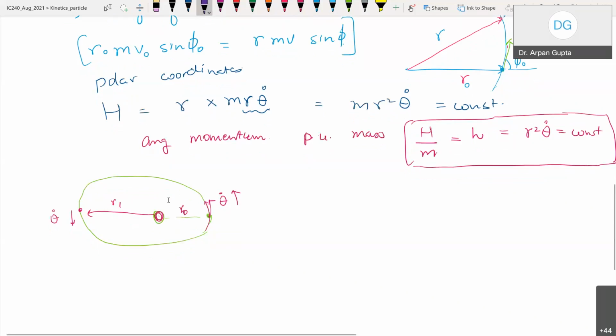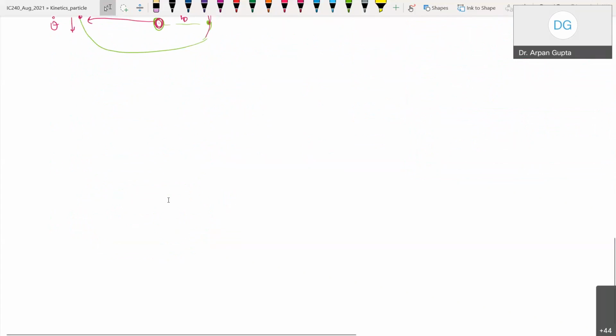Another good way to look at the same thing is if we consider a small area swept here. So if this particle is moving and this is the origin O, and this is the radius r, in a small instant of time it has moved by a small angle d theta.